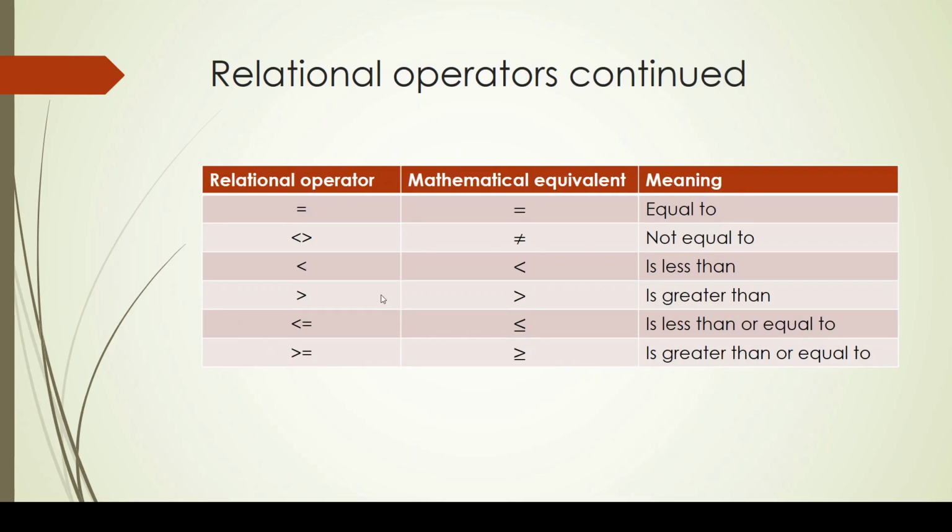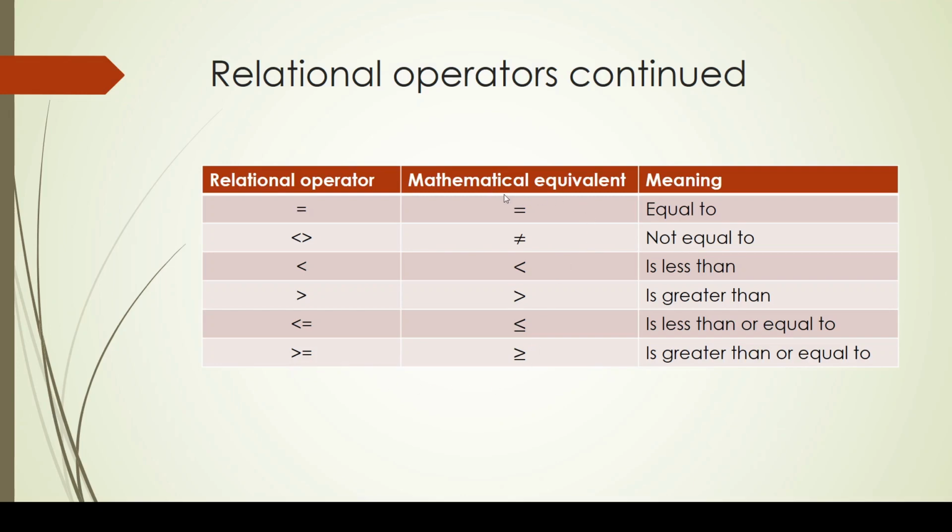Some relational operators that we're going to be using in the if statement: the not equal to operator. Okay, a very, very important operator, not equal to operator. The next one is less than or equal to, and the last one is greater than or equal to.